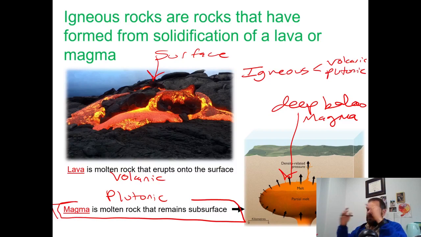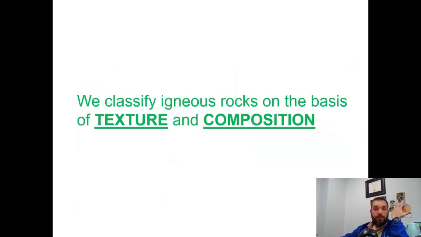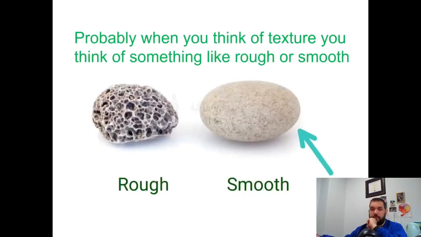Now, if you just pick up an igneous rock and you're looking at it, how do you know if it's volcanic or plutonic? How do you know if it formed on the surface or deep below the surface? Well, we geologists actually have a way of doing that, and it's based off the texture. Now, as geologists, we don't use the same word as other people.